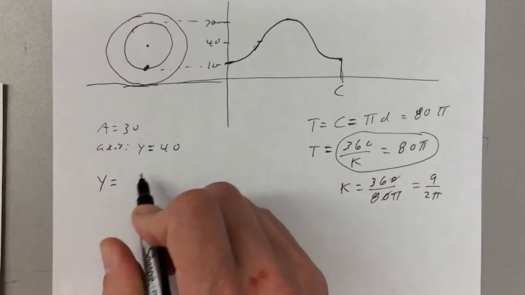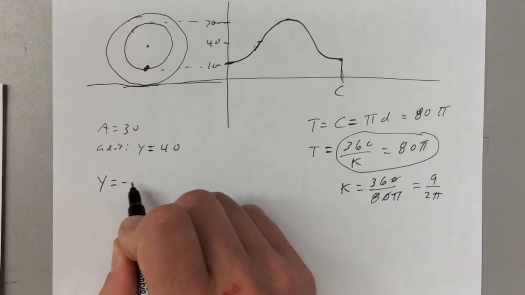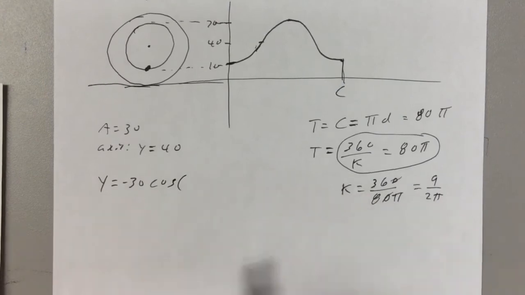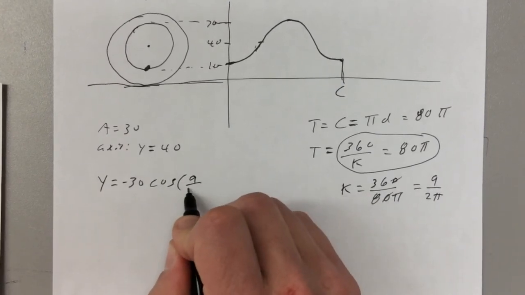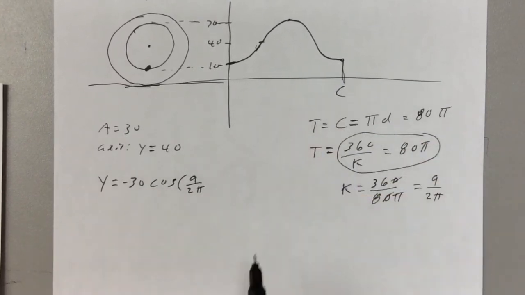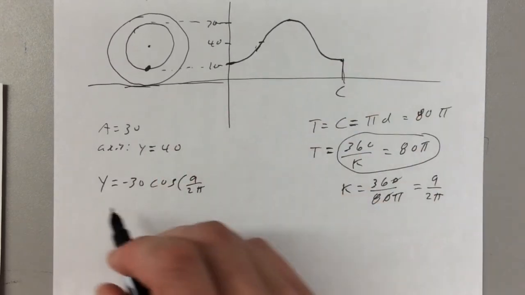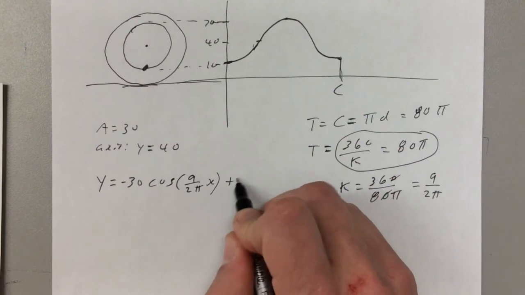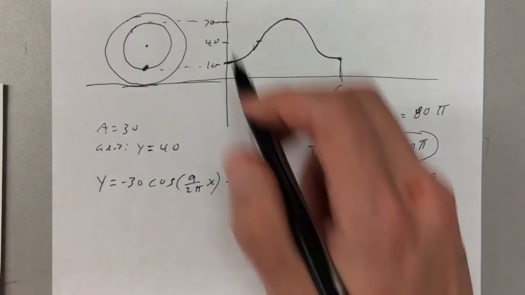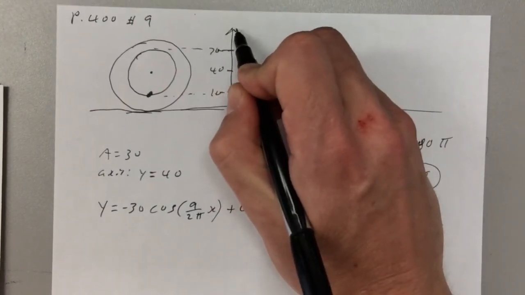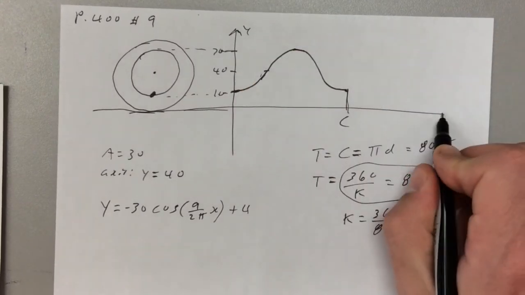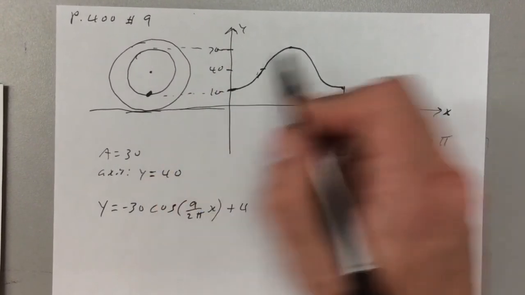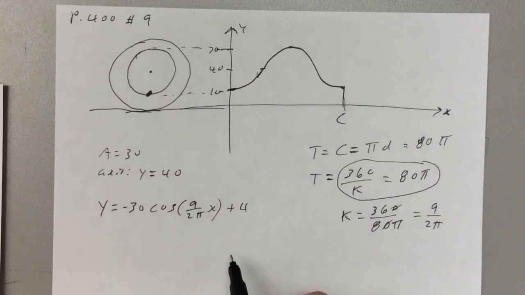So the function is going to be y equals negative 30 cos of 9 over 2 pi x, then plus 40. Here is the y-axis, and there's x. In this case, y is the height of the dot, x is the distance the wheel has traveled.